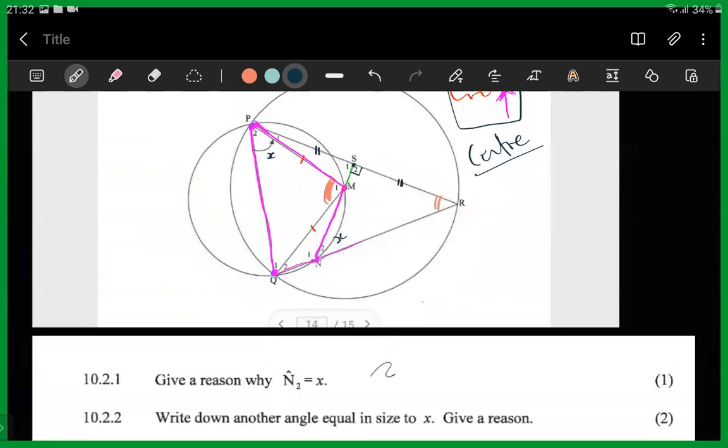You see? Exterior angle of cyclic quad. That's all you say. Because remember, PQNM is a cyclic quad. So as long as this is the cyclic quad, the angle outside is equal to that one. Have you guys touched on this law yet? Not yet.